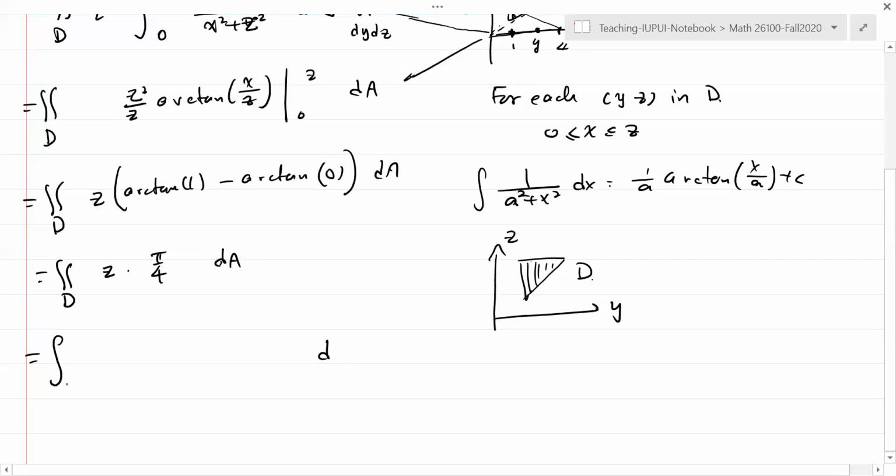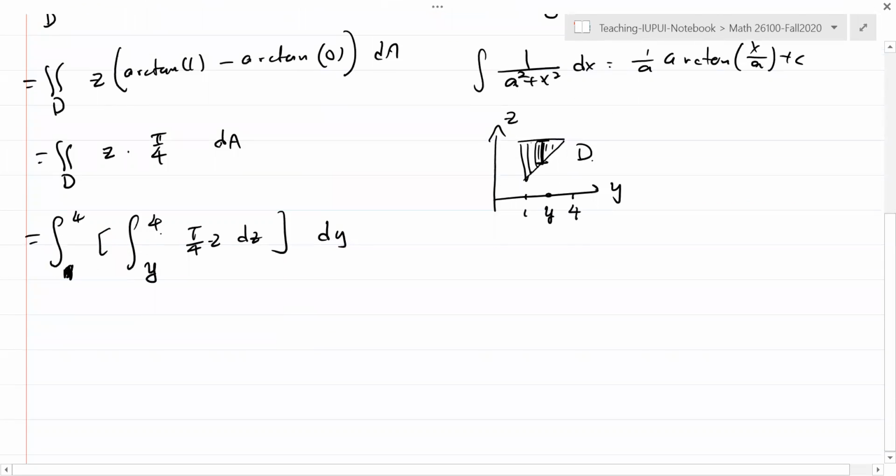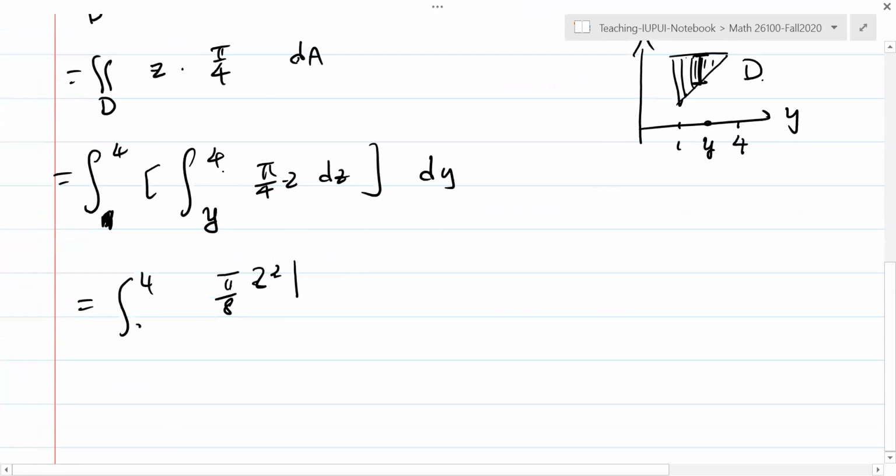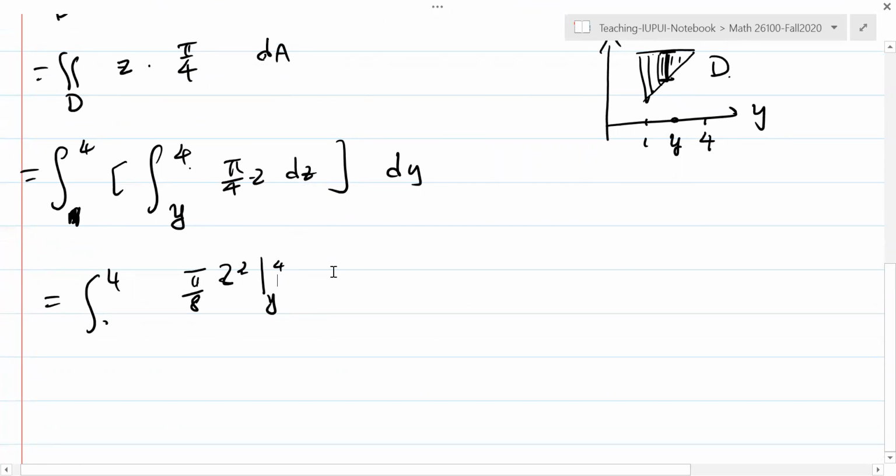Y is between 1 and 4, and for each y, the z value is between y and 4. Then you find the antiderivative of this. It's going to be pi over 8, I think, times z squared, from y to 4, dy.